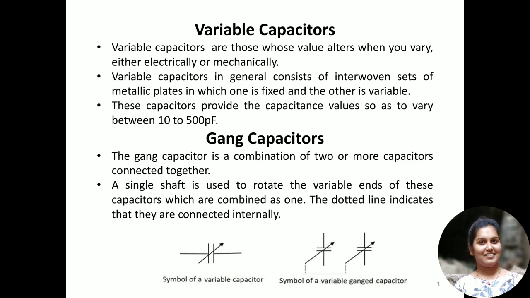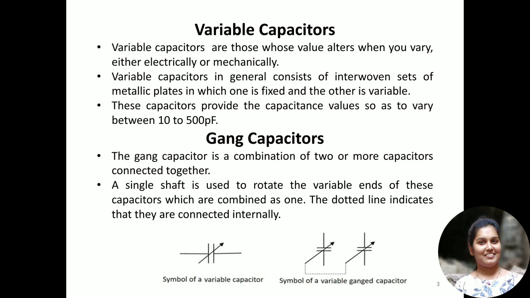For example, if we take the capacitors we have seen in the previous video, like the electrolytic capacitor or the mica capacitor, there we can observe that every value, that is capacitance value, working voltage, temperature, everything is written on the body of the capacitor, right?